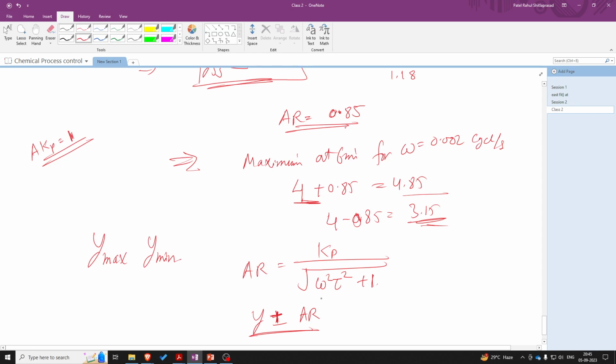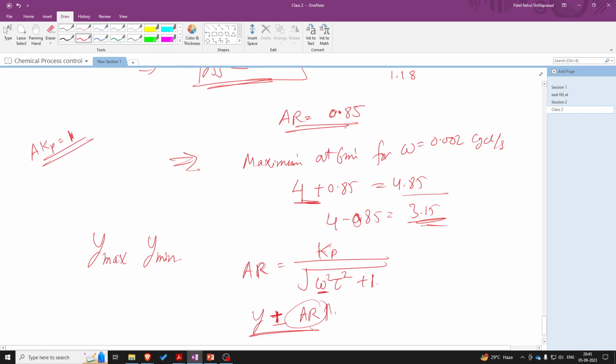So ultimately, in order to find the maximum or minimum value, we need to maximize this value. Since Kp is constant, and tau is also constant, these two are the parameters of the system that we can't manipulate.